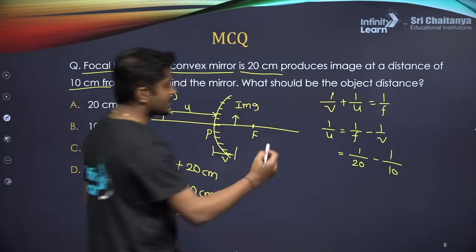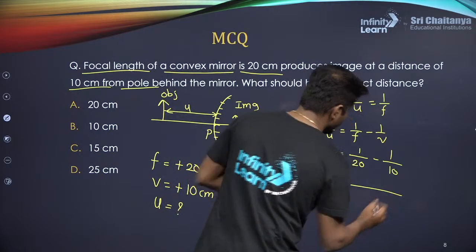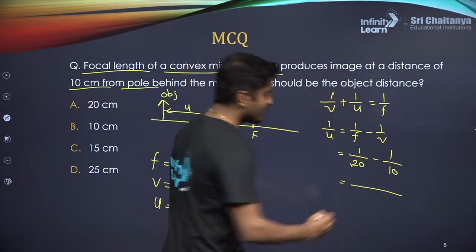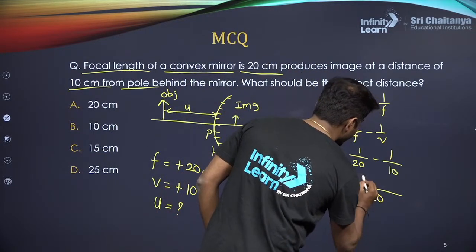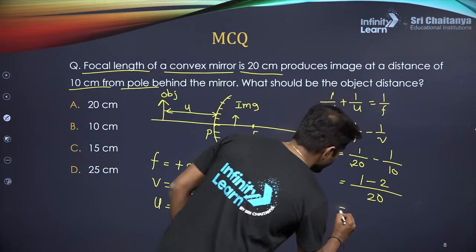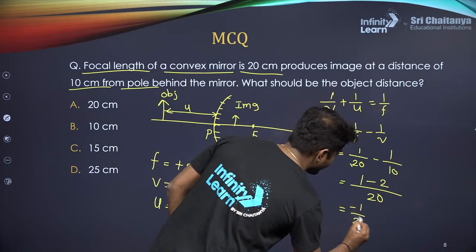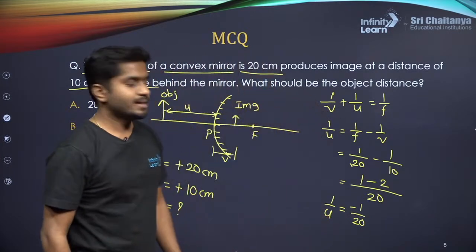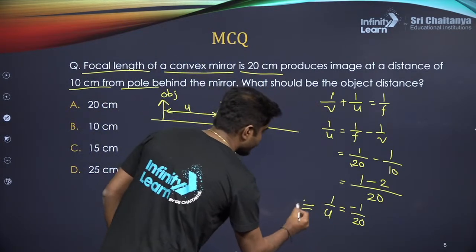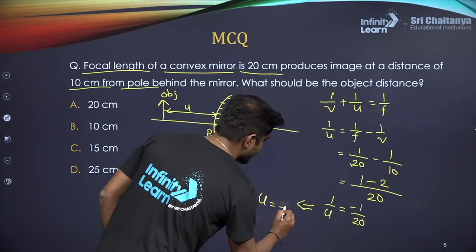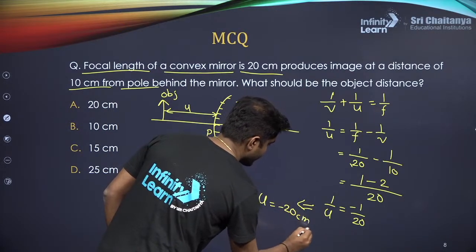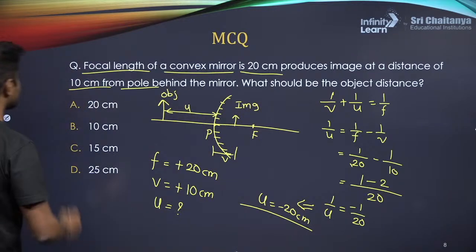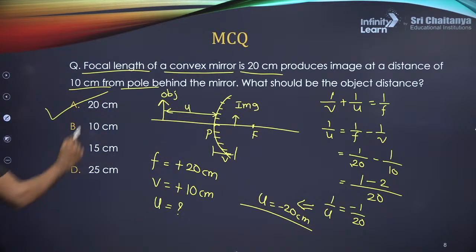So the LCM of 20 and 10 is 20. So this is 1 minus 2, which is minus 1 by 20, which is 1 by U. So from here, what is the value of U? U is going to be minus 20 centimeter. That is our answer, which is option number A.